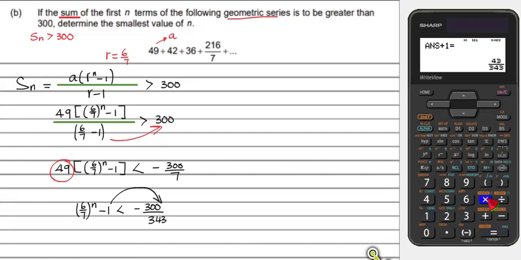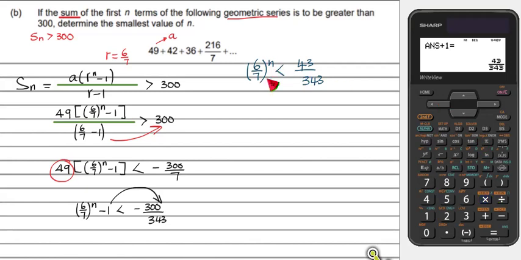There we go. So then I have 6 over 7 to the power of n less than 43 over 343, like that.